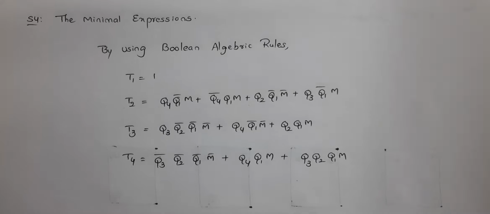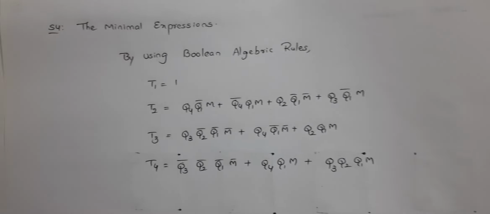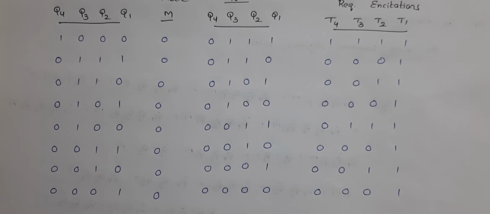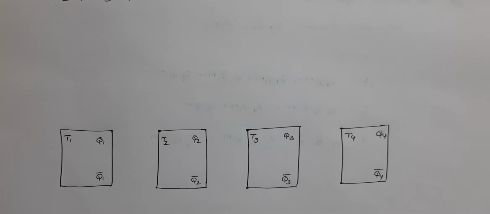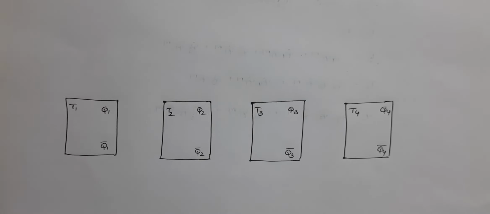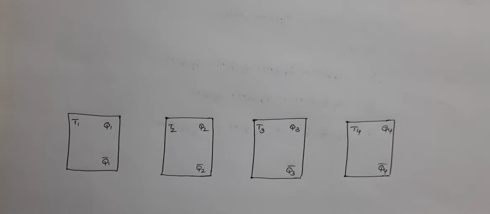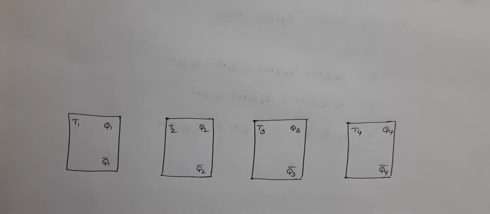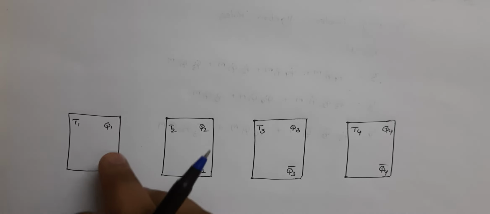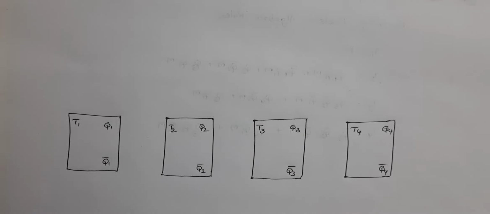And what is step 5? Step 5 is nothing but draw the logic diagram using the minimal expressions. Here this is the logic diagram, and as we already completed the steps: in step 1, the number of required flip-flops is 4, that's why we consider 4 flip-flops. In step 3 we selected the T flip-flop, so we consider the T flip-flop inputs.